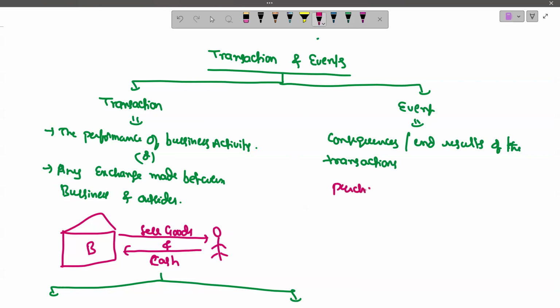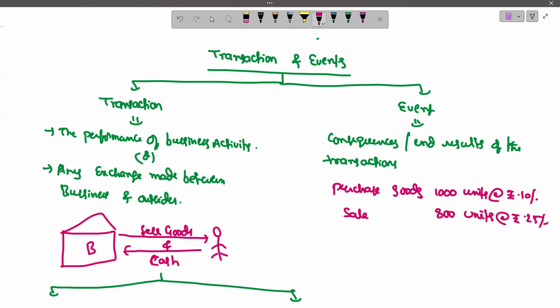you purchase 1,000 units of goods at the rate of 10 rupees per unit. And out of that, we sold 800 units at the rate of 25 rupees per unit.